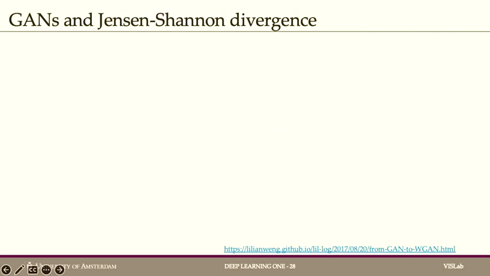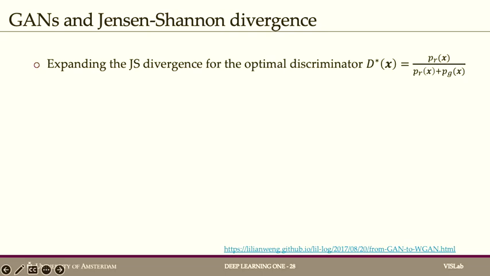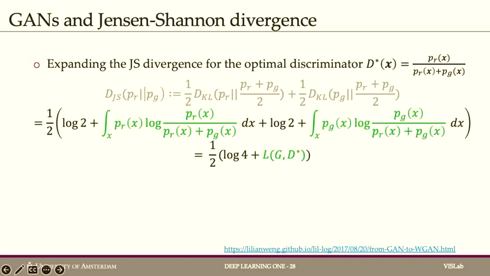All right, so there's a deep connection between GANs and the Jensen-Shannon divergence. The Jensen-Shannon divergence, again, sounds fancy, is defined here in gray.